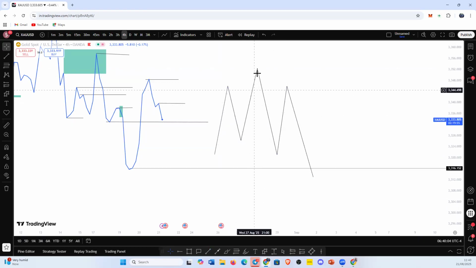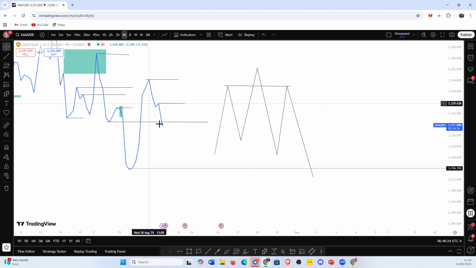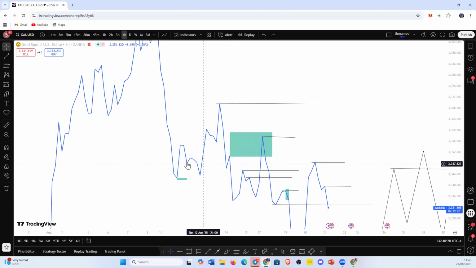Whenever a zone is broken twice, that becomes your HNS level. Then let's see other examples more.